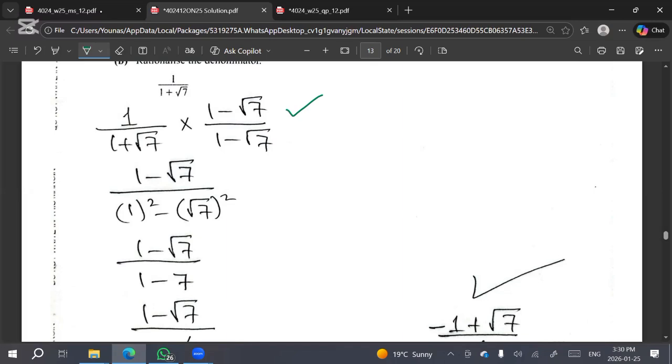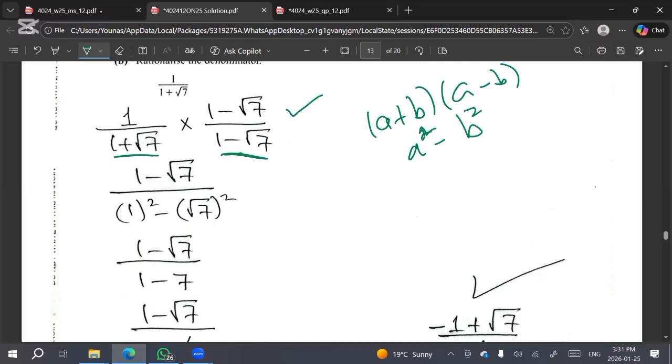And downstairs, you can see this and this are like A plus B multiplied with A minus B. So that will be equal to A square minus B square. So you will have 1 square minus under root 7 square in the denominator. Upstairs you will have 1 minus under root 7. Downstairs you will have 1 minus 7.